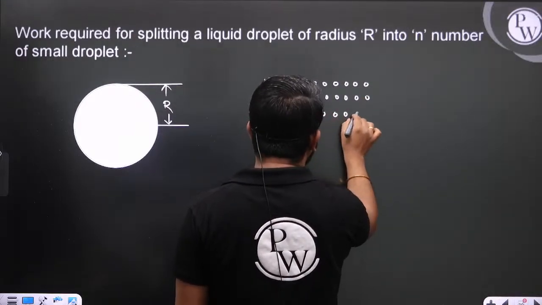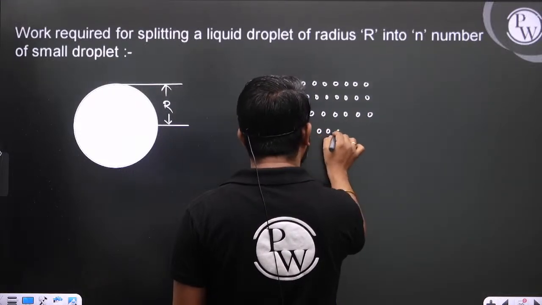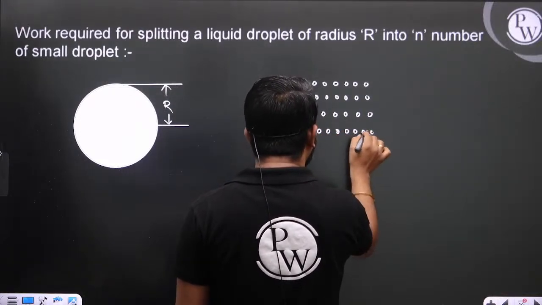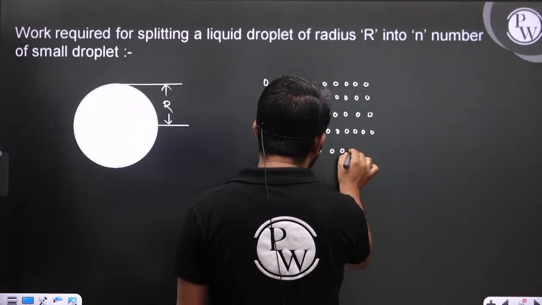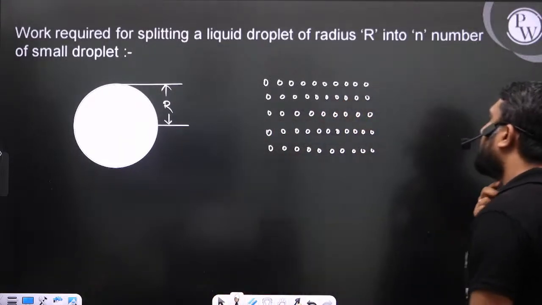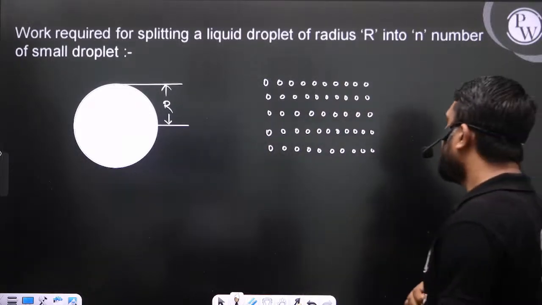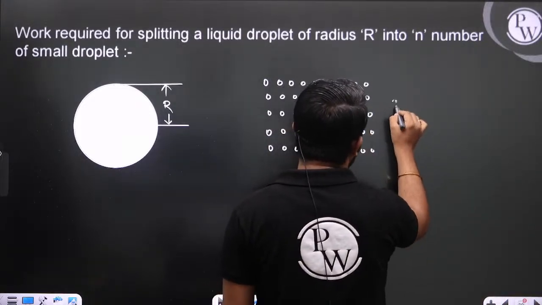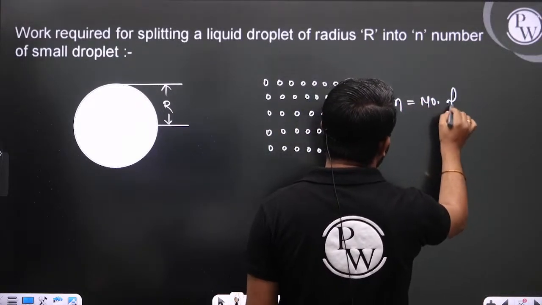What is this process? Can anyone tell me what is the name of the process where a bigger droplet is split into n number of small droplets? What is that process? So n is the number of small droplets.